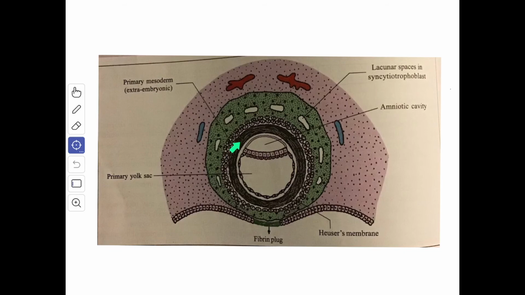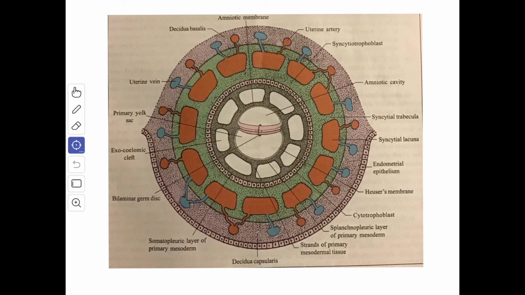Probably the extraembryonic mesoderm is derived from the delamination of the cells of the cytotrophoblast. Gradually, the primary mesoderm increases in amount and forms a reticulum of cells, which is known as the magma reticulare. In this image, this is the bilaminar germ disc and this is the primary extraembryonic mesoderm.